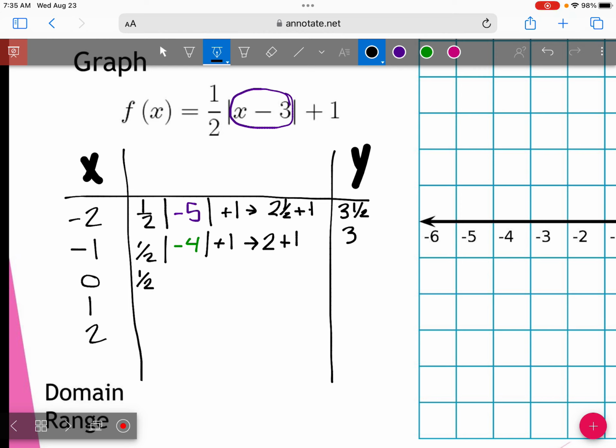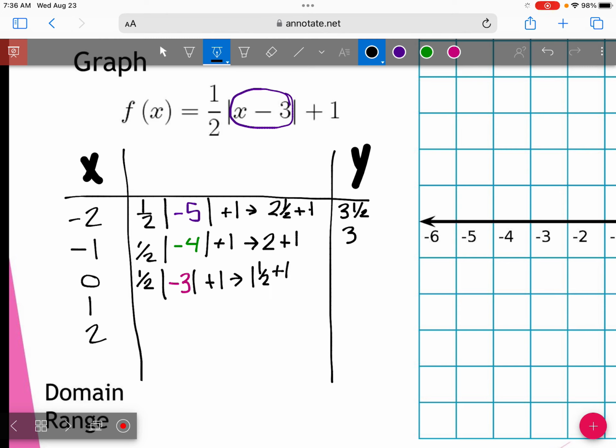Substituting it in 1/2 absolute value of 0 minus 3, which is -3, plus 1. Absolute value of -3 is 3. 1/2 times 3 gives me 3/2 or 1.5.